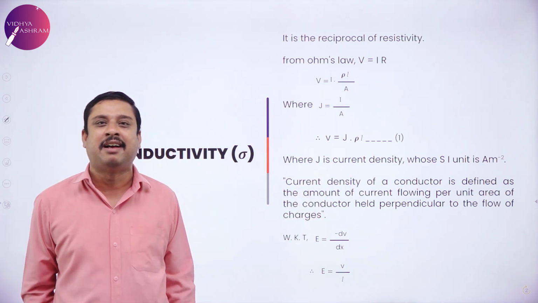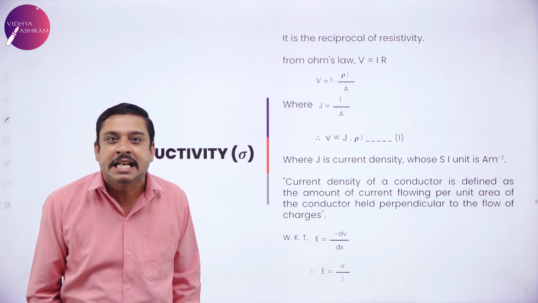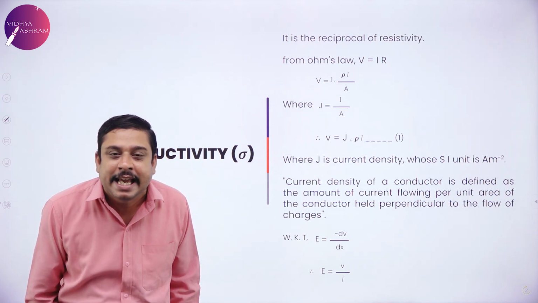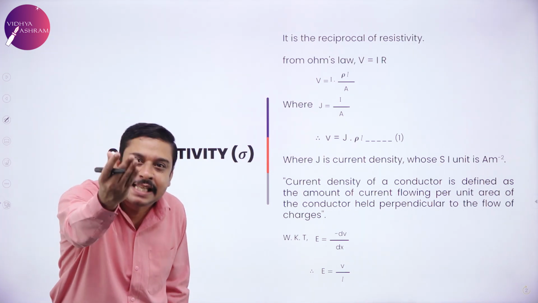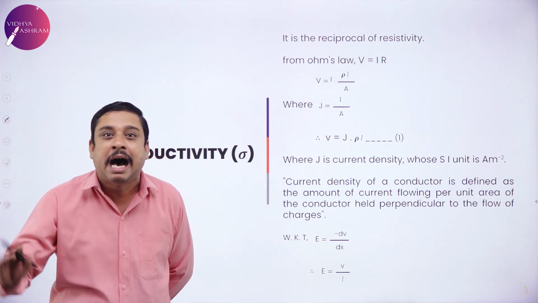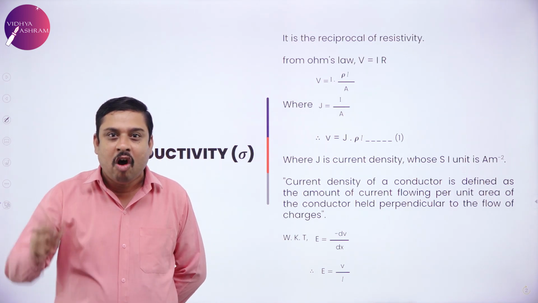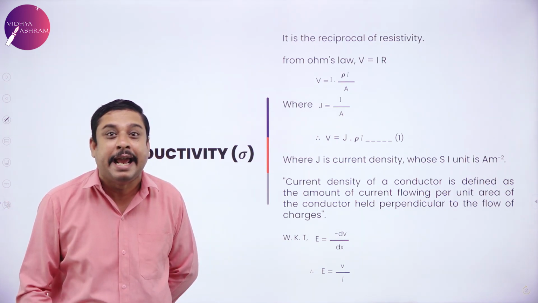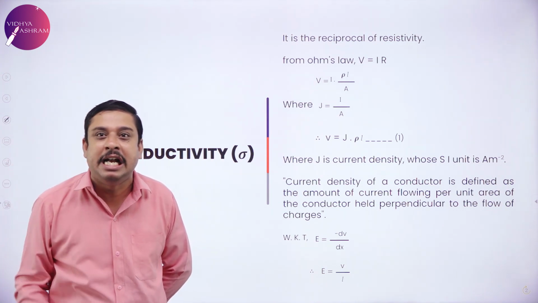That is the only difference. If resistance is the opposition to the flow of current, its reciprocal is called conductance, allowing the flow of current. In alternating current there is also admittance, that concept I'll take up there.